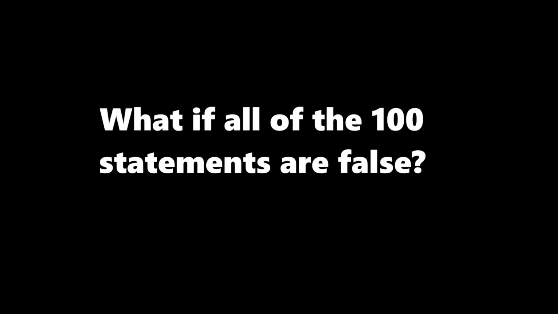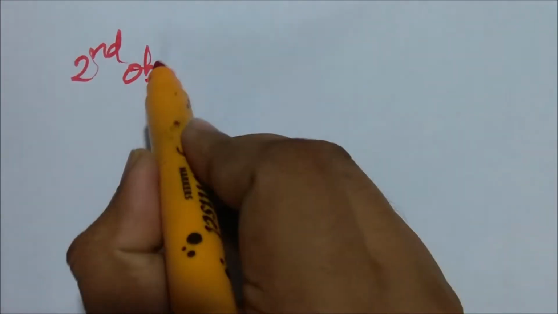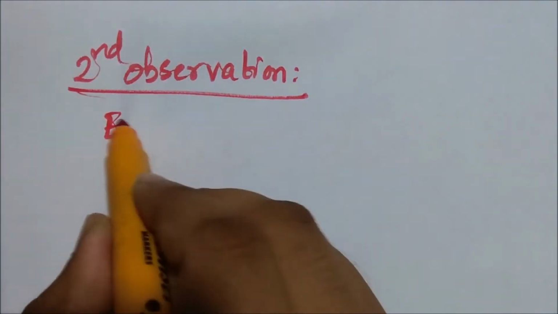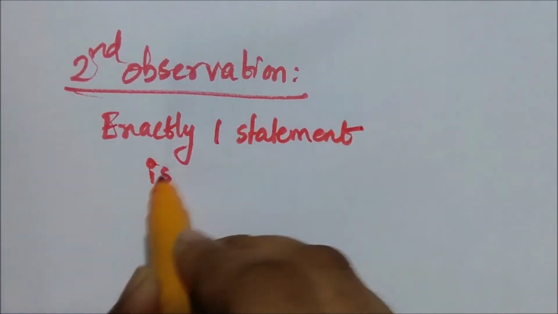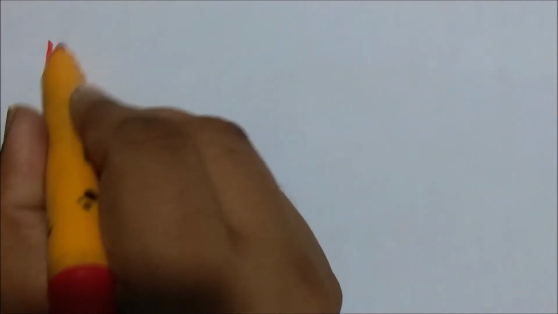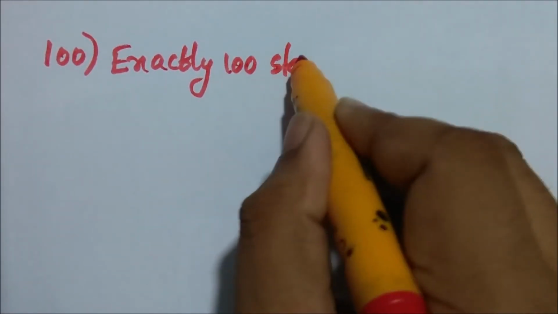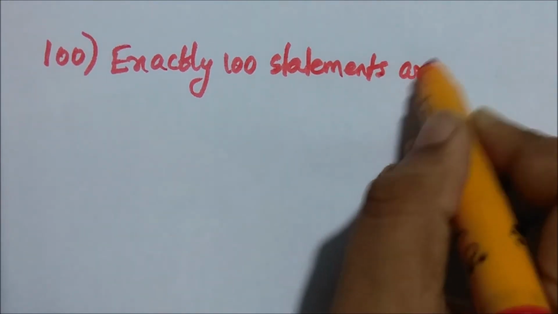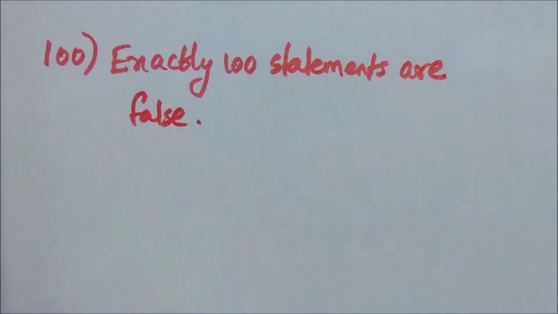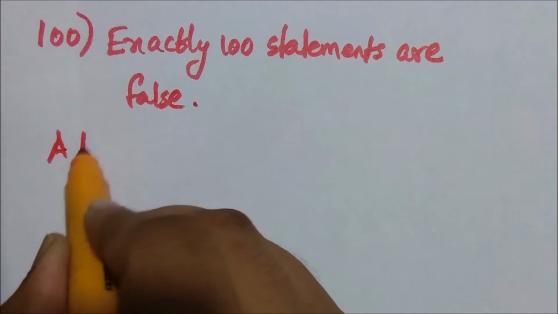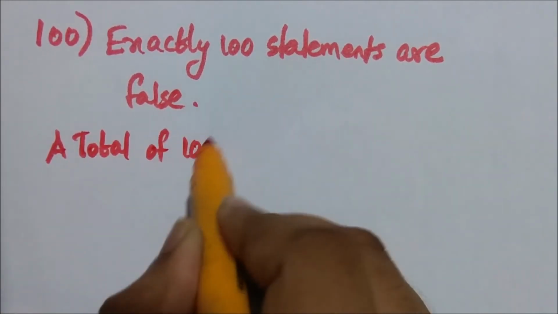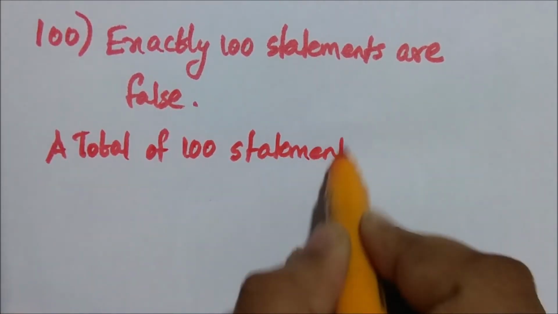Now, what about zero statements true? Which means, what if all of the 100 statements are false? Can that happen? That is our next observation. Suppose all of the 100 statements are false. Now look at the 100th statement in our list, which says exactly 100 of the statements in this list are false.